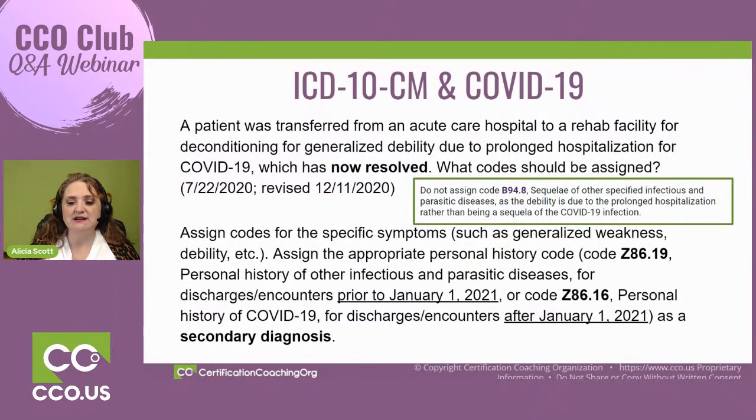B94.8 is late effect of that infection, and you could have a prolonged hospitalization rather than being a late effect of COVID-19. That could be applicable to that as well. So this scenario is you have a patient, and let me backtrack real quick.